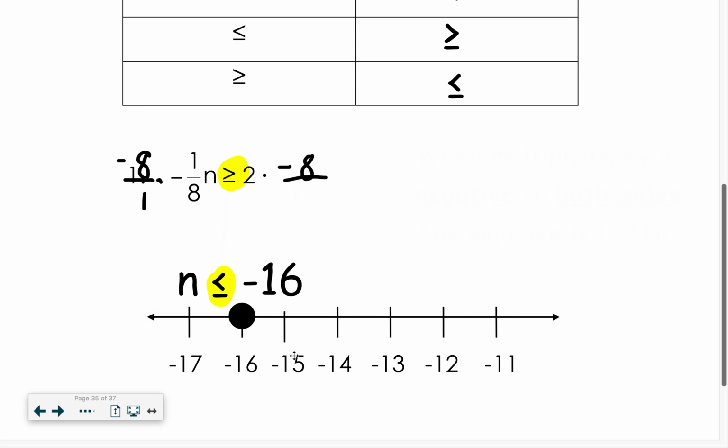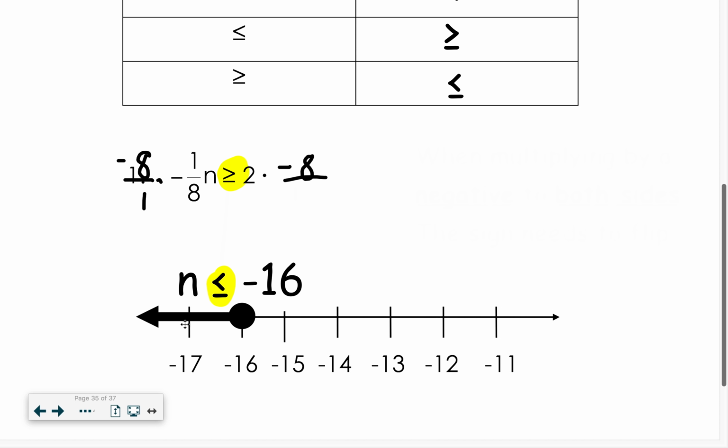So I say, does negative 15, putting in for n, make sense? Is negative 15 less than or equal to negative 16? And your answer is no. So then I plug in negative 17. Is negative 17 less than or equal to negative 16? And you would say yes.